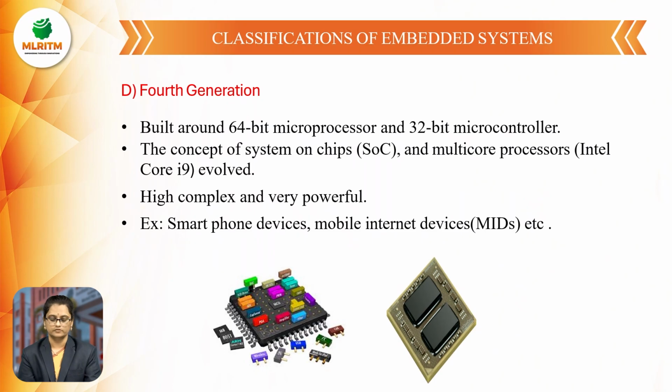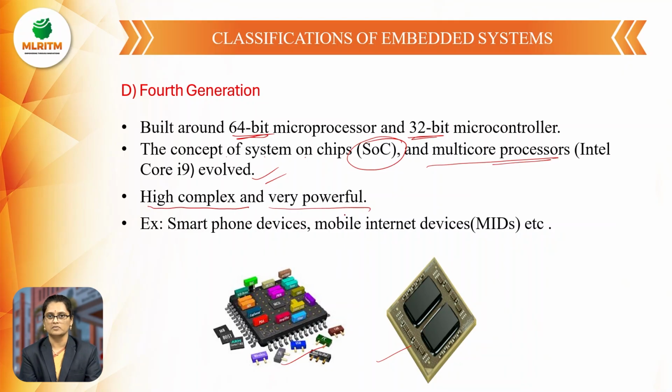And then coming to the fourth generation. In the fourth generation, the microprocessor is 64-bit and the controller is 32-bit. The concept of system on chip was introduced and multi-core processors also evolved in the fourth generation. These are pictures of multi-core processors, which are highly complex and very powerful.